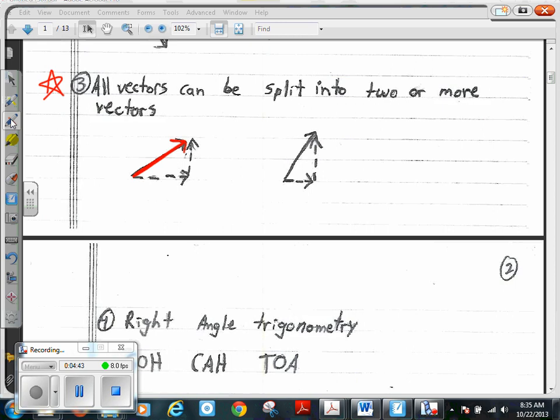If you look at this, you'll see that this piece right here and this piece right here are what I drew to define this vector so that we have what I call all x's and all y's. This is the x side, because just like on any graph, the horizontal is the x and the vertical is the y. So we have a right triangle there, and now we can do more math with this vector when it's split up like that.